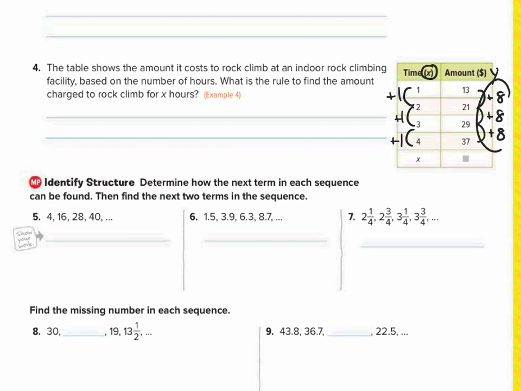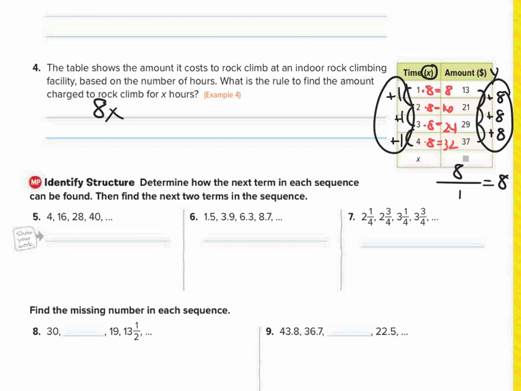So change in y over change in x equals 8. So the first part of our function rule is going to be 8 times the input. Now we're going to do 8 times the input and see what we need to add or subtract. So this is going to be 8, 16, 24, and 32.